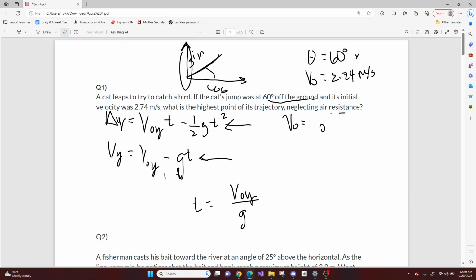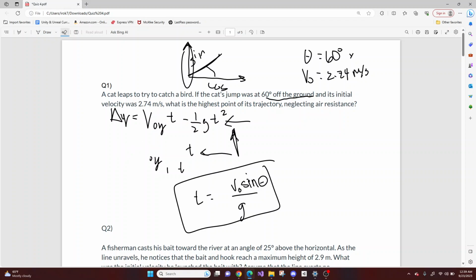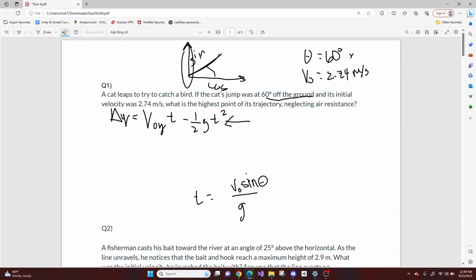So with that, we can also go ahead and further define time as v naught times sine theta over g. And would you look at that? We can go ahead and take this and plug it into that formula. So let's erase our lower half here because we no longer need it. And I'm just going to memorize it: t equals v naught sine theta over g.